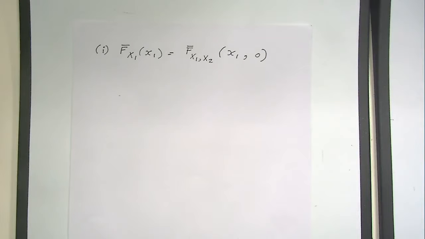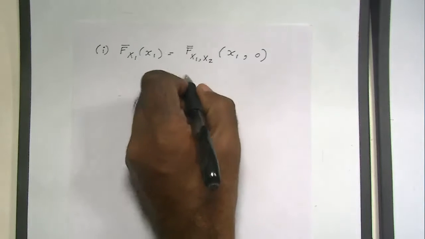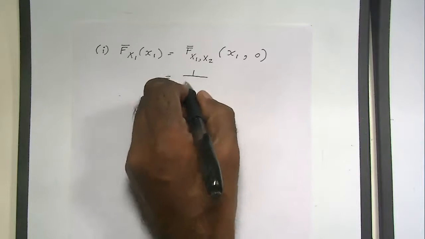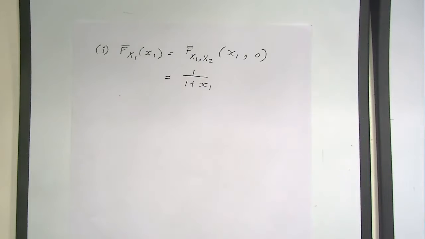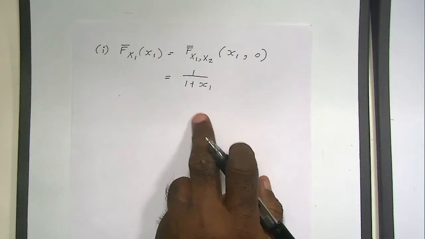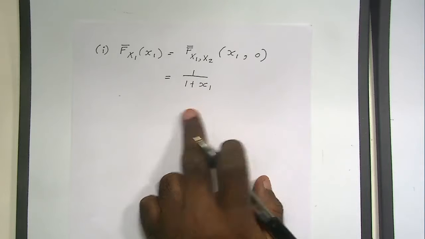I put 0 here and not minus infinity because the lower end point is 0, not minus infinity, right? So I put 0 in place of minus infinity. If you do that, what do you get, guys? All right. So this is the marginal survival function of x1, right?